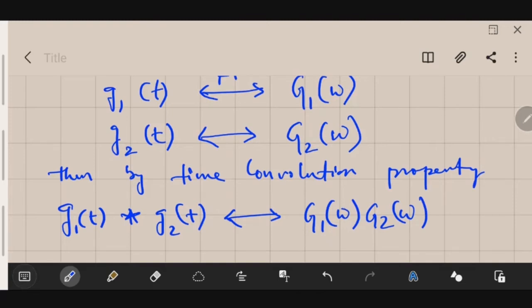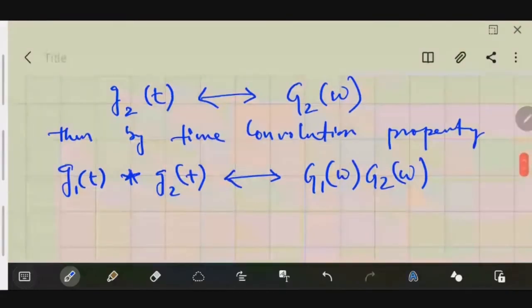So what you are doing here, do you understand? That means g1 of t convolution with g2 of t in the time domain. Try to understand this expression. It has a lot of meaning actually.